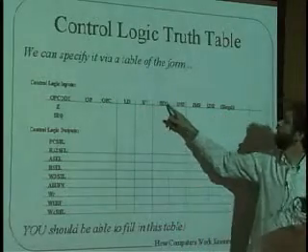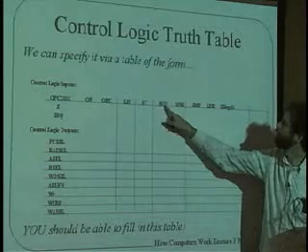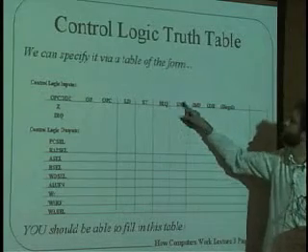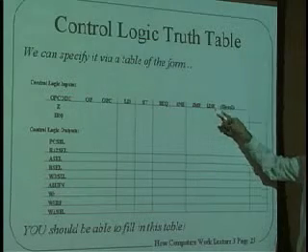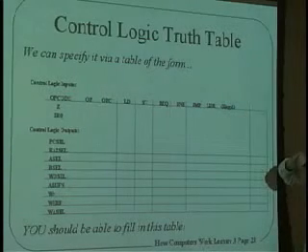Load, store, branch if 0, branch if not 0. This is kind of an old style here. Jump, LDR, and those things that we shouldn't let take place.